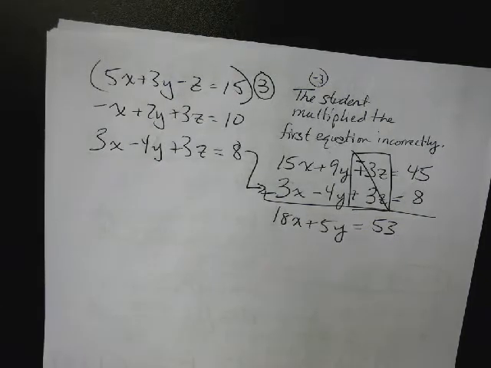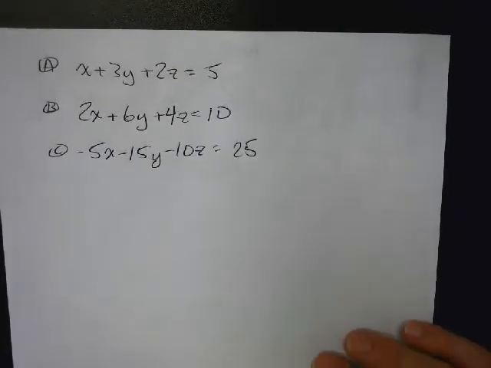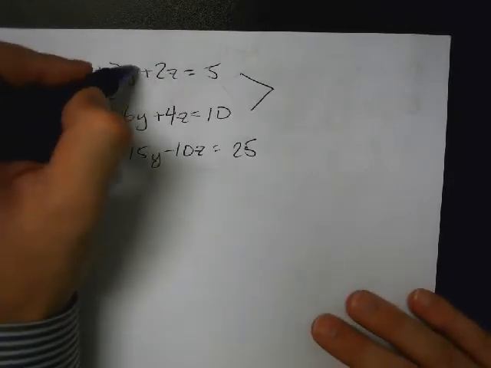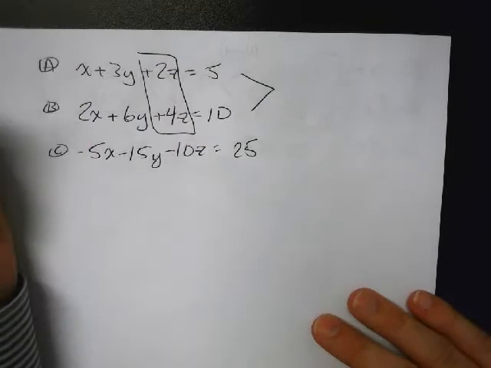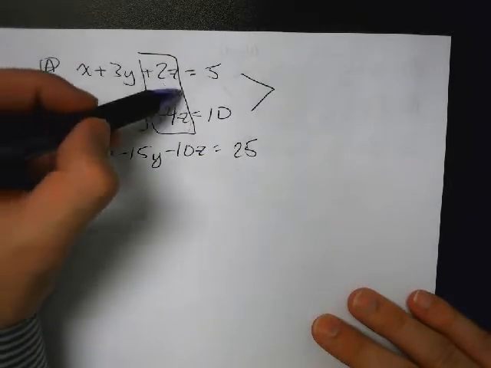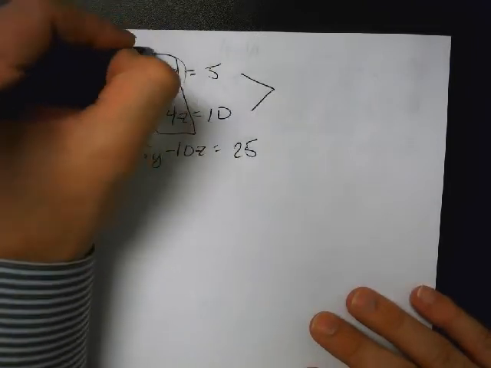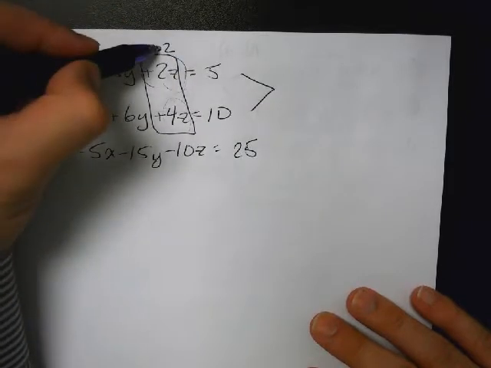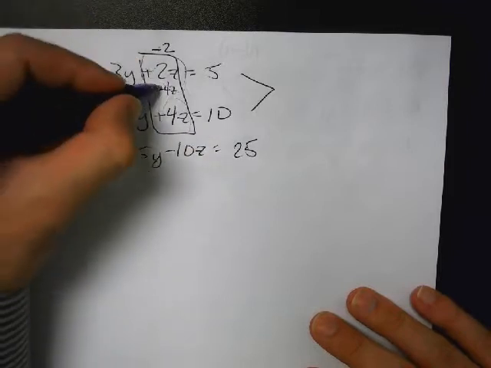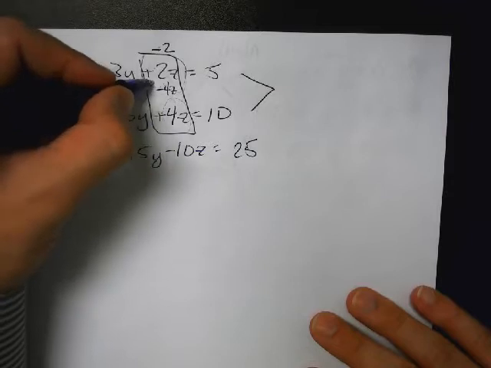Let's get started. All right, so again on this problem, we have our setup here, and we are looking for A and B to pair up, and we just want to cancel out our z variable here. On the bottom, I have a positive 4z. On the top, I have a positive 2z. So if I multiply this by negative 2, negative 2 times positive 2 is going to give me a negative 4z, and that will cancel with this positive 4z because negative 4 and positive 4 goes to 0.